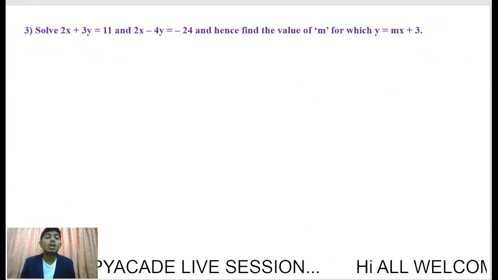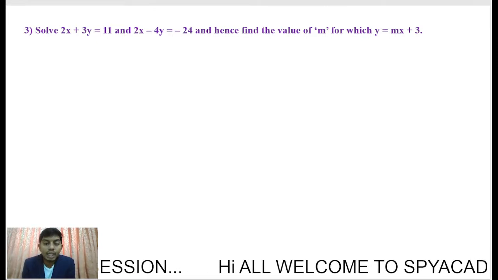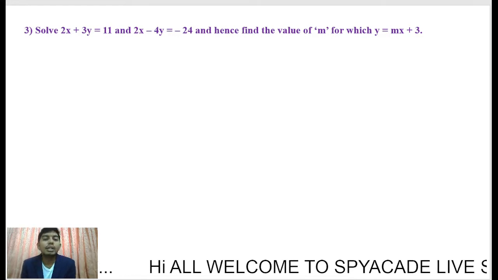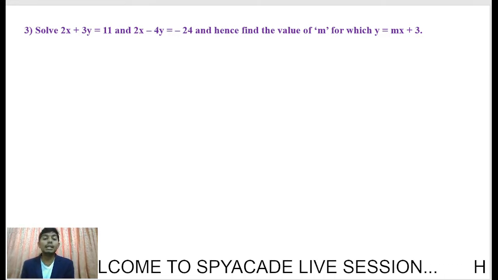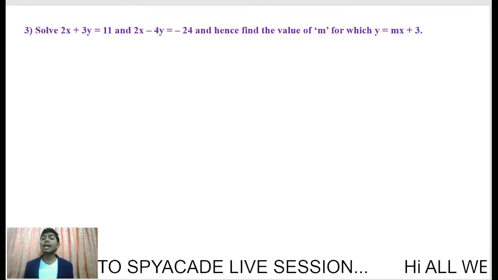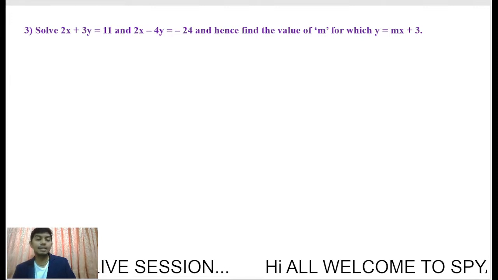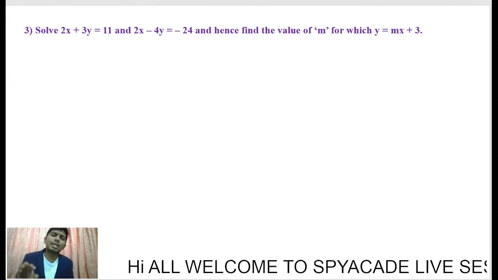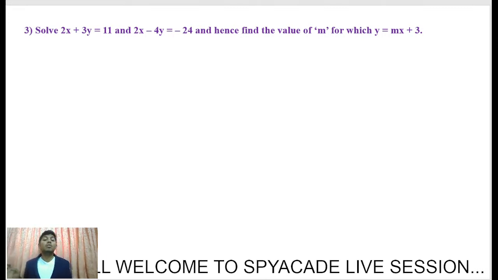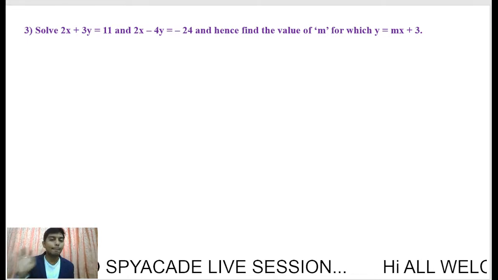The question is, solve 2x plus 3y is equal to 11 and 2x minus 4y is equal to minus 24, and hence find the value of m for which y is equal to mx plus 3. They have told very clearly that y is equal to mx plus 3 is a different equation, from which you have to find the value of m.